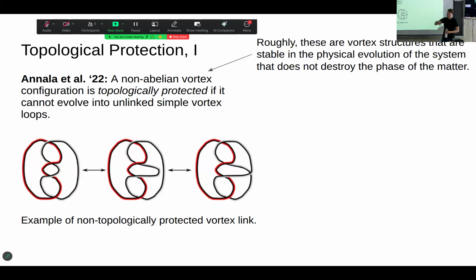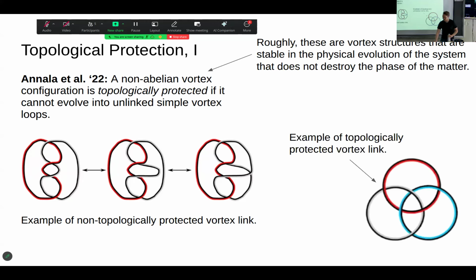Roughly, these are things that cannot be destroyed in the physical evolution of the system that does not destroy the phase of the system. I showed you an example of such a structure before, and this you cannot destroy.